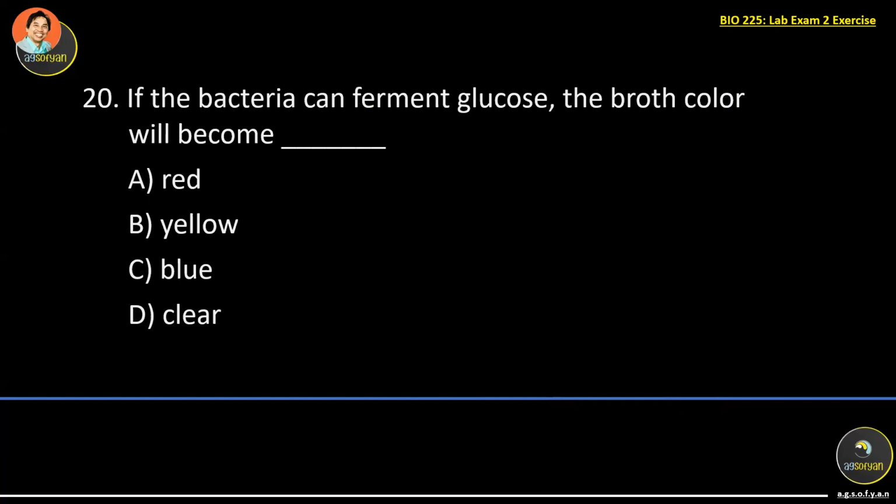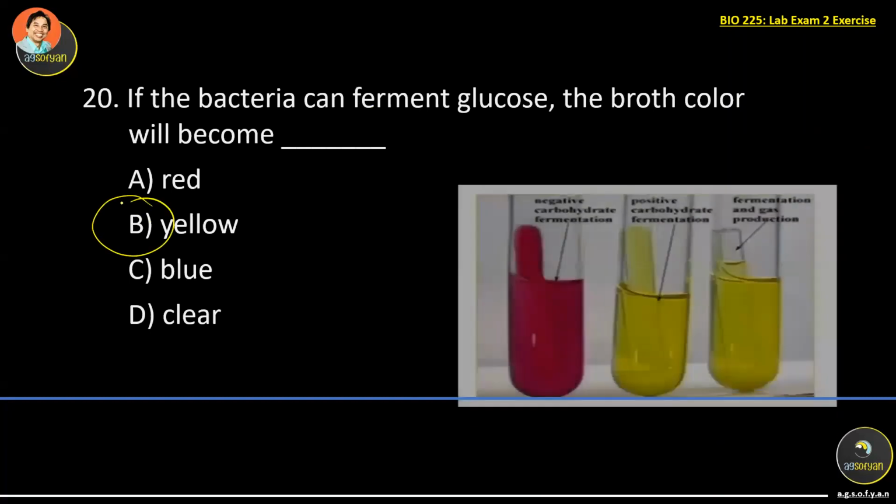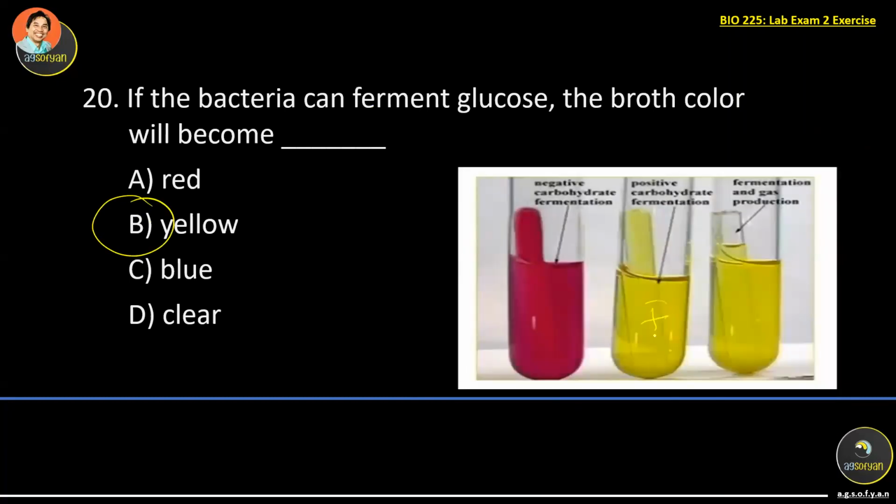If the bacteria can ferment glucose, the broth color will become yellow, which means acidic. So this is positive, and this is also positive, one with gas and the other without gas.